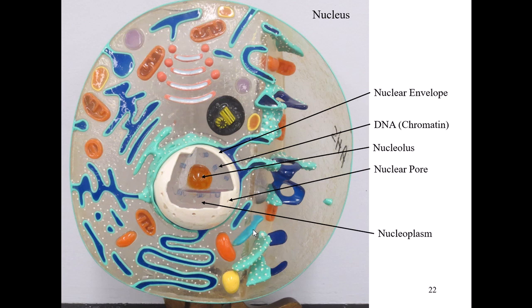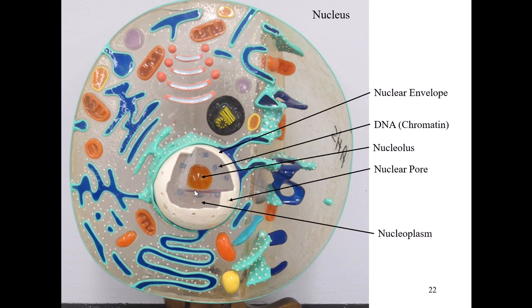So nuclear envelope is the membrane that encloses the nucleus. The nuclear pores are the large holes. Now, the cytoplasm within the nucleus has a specific name. It's called the nucleoplasm. So this has all different enzymes and materials that the nucleus needs to function.